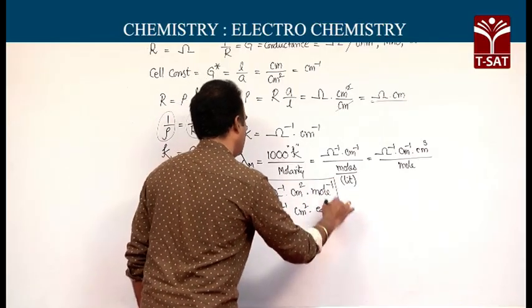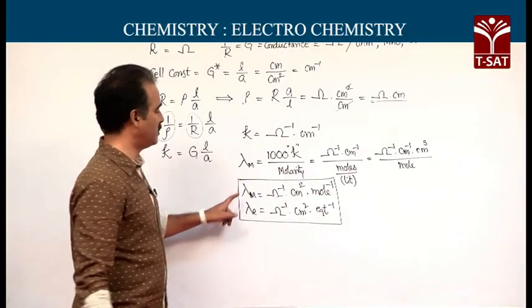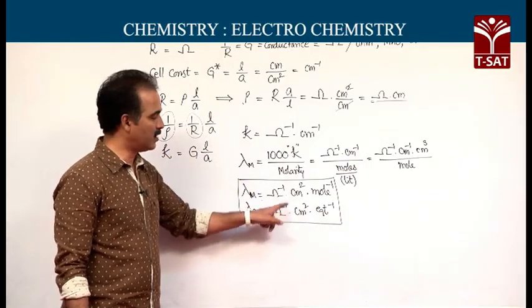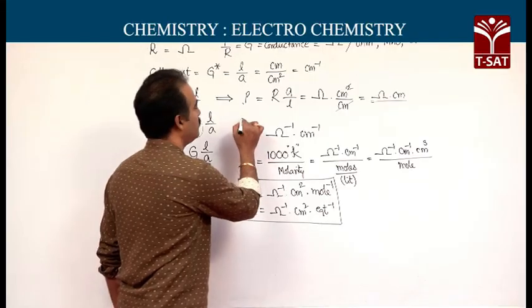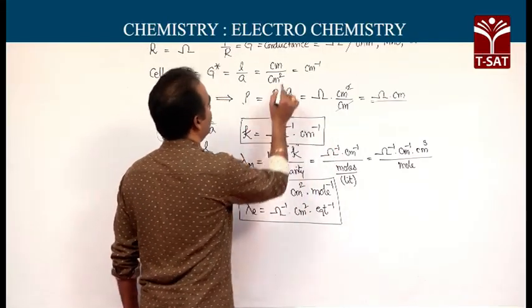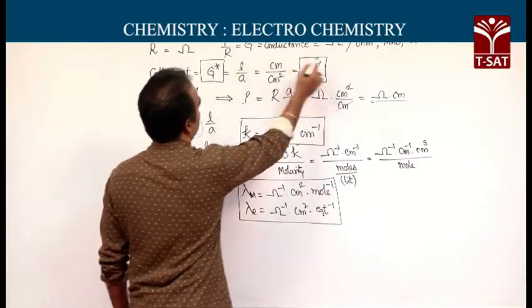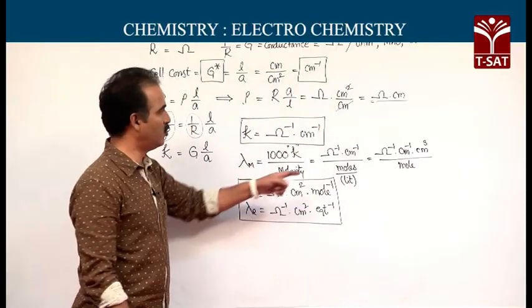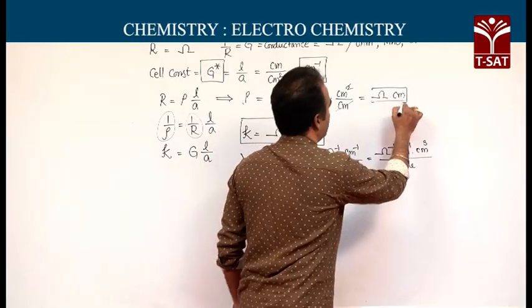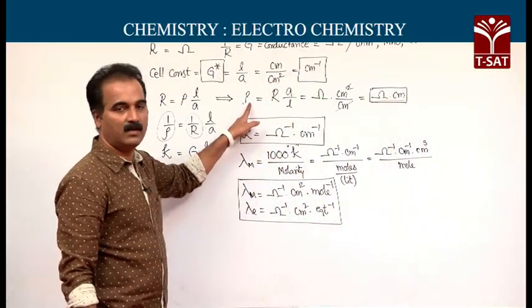So, these are the units of molar conductance and equivalent conductance. You should be very careful with units when you do the problem, such as the cell constant and conductance units. Ohm inverse centimeter inverse is nothing but specific conductance.